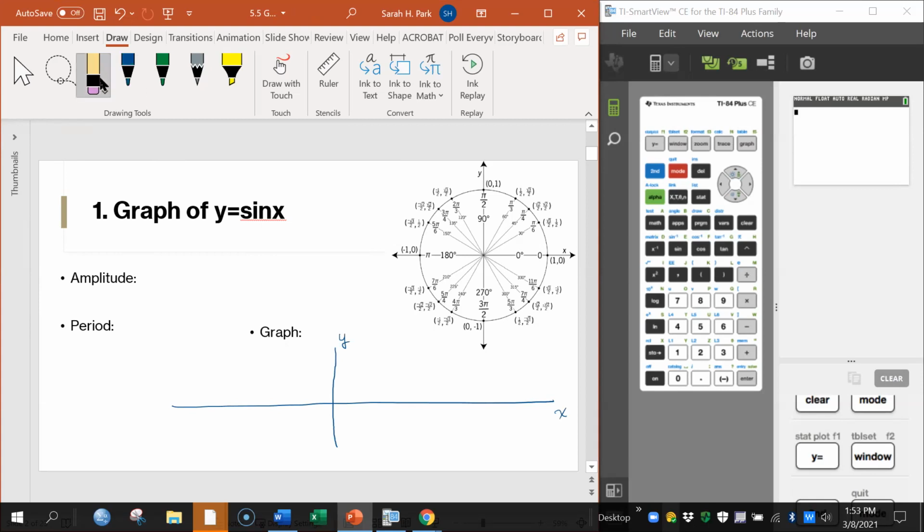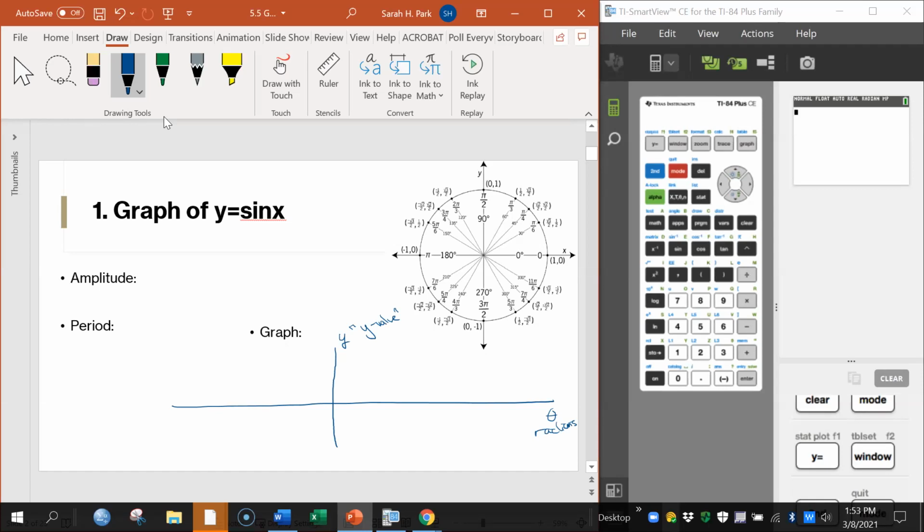X is kind of like your angle, so let me go ahead and label this theta. It's your angle measure in radians. And the y value is the y value for the coordinates. So think about the x-axis as your angle measure and your y value as the y coordinate on the unit circle.